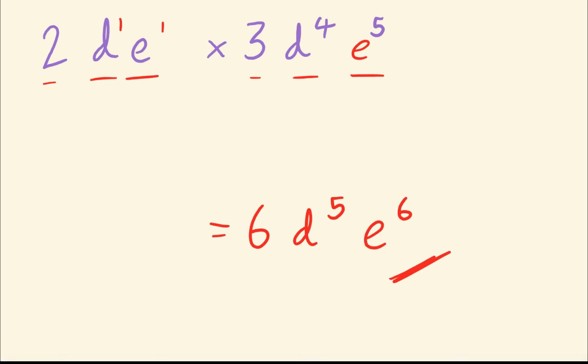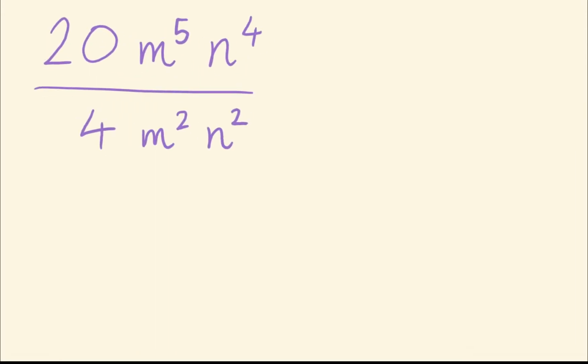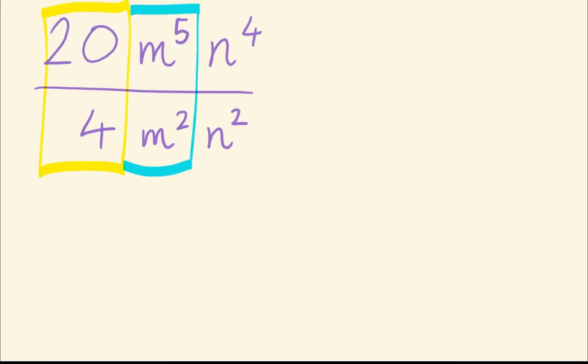We can also extend this to division, whereby it's the exact same idea. Here, we're going to divide the numbers as before, and then subtract the powers. Again, we're going to keep each letter and number separate. So first, I'm going to do 20 divided by 4. Then I'm going to look at the m's, and then finally the n's. So let's go through this. 20 divided by 4 is 5.